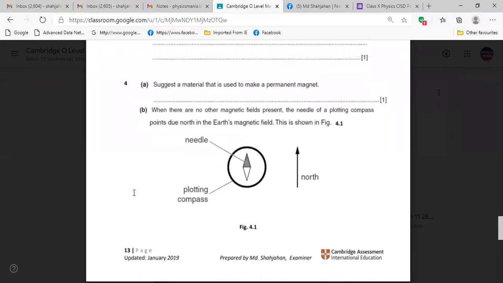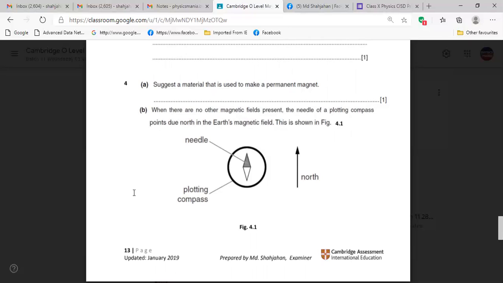So write it. Yes, sir, done. Continue. Suggest a material that is used to make a permanent magnet. Cobalt. Okay, then next.